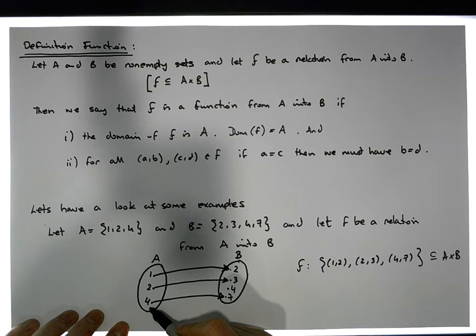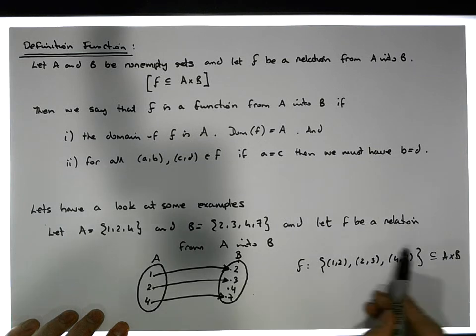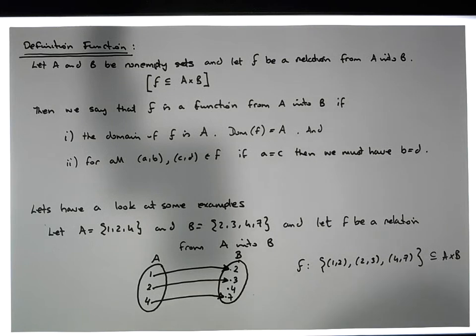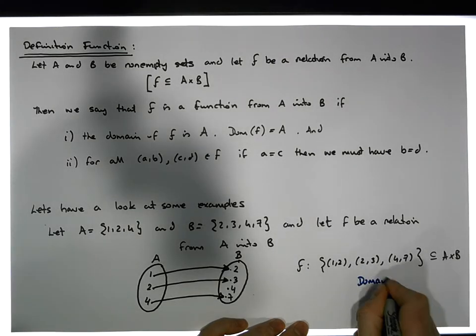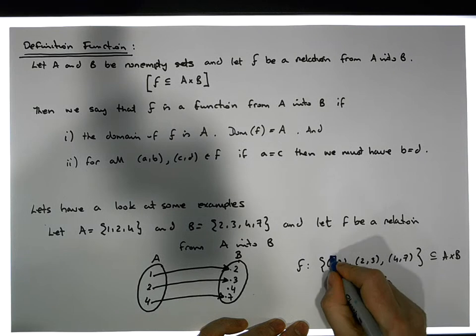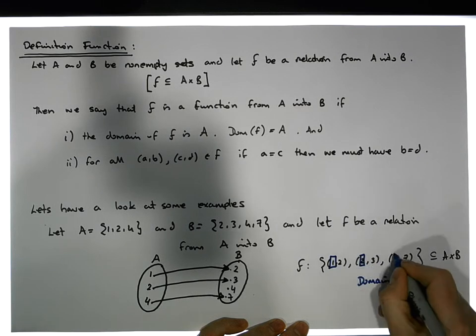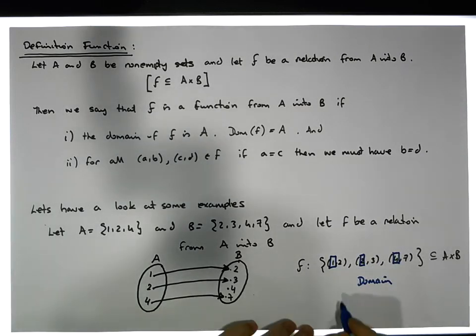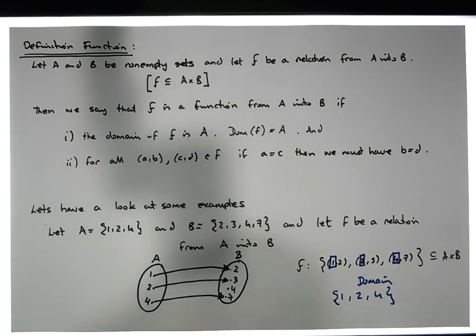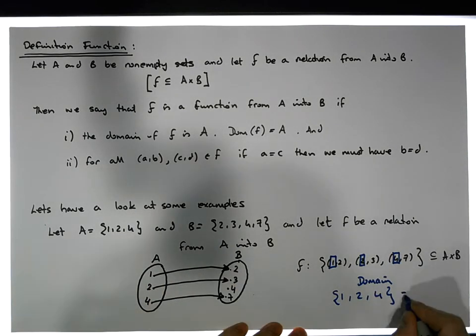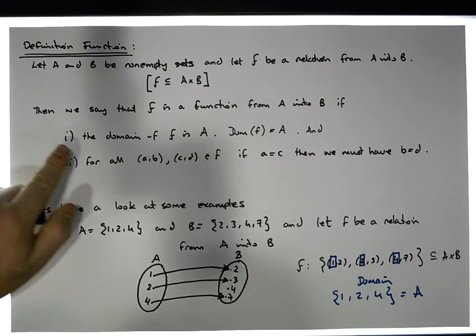The domain values are the first values in our ordered pairs: this 1, this 2, and this 4. So our domain is the values 1, 2, and 4. Is that the same as A? In this case, it is. So we match the first condition.